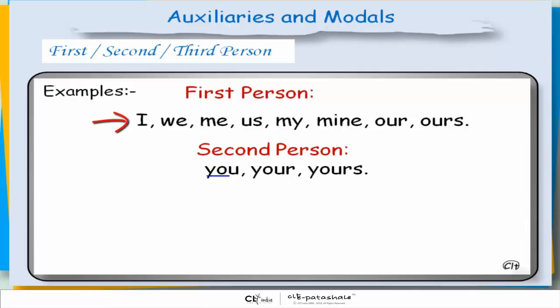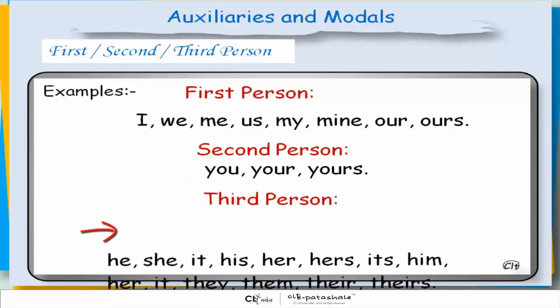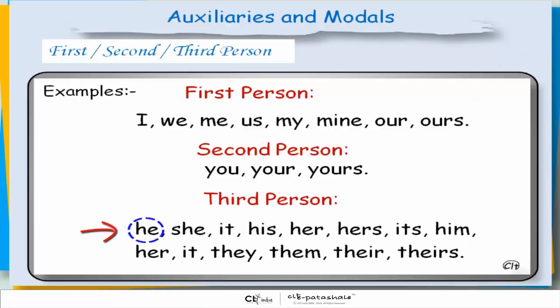The second person is you, your and yours. The third person is he, she, it, his, her, hers, its, him, it, they, them, their and theirs.